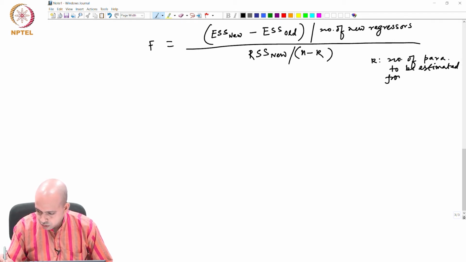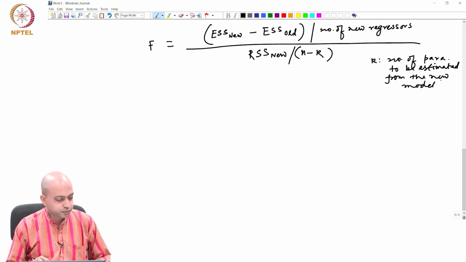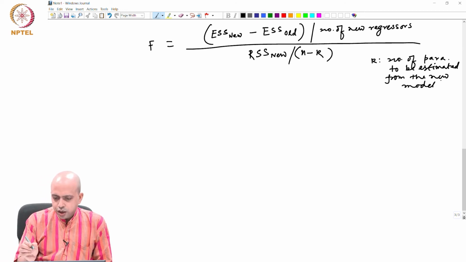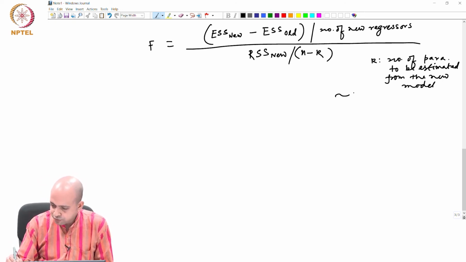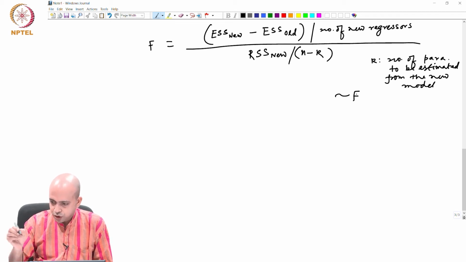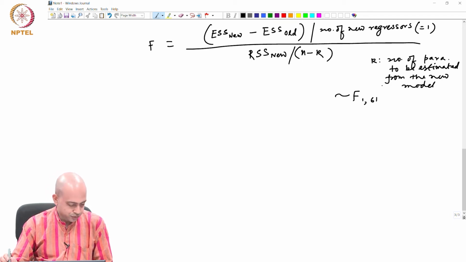This will follow an F distribution where the number of new regressors equals 1, so we have 1 and n minus k, which is 61, because k equals 3.